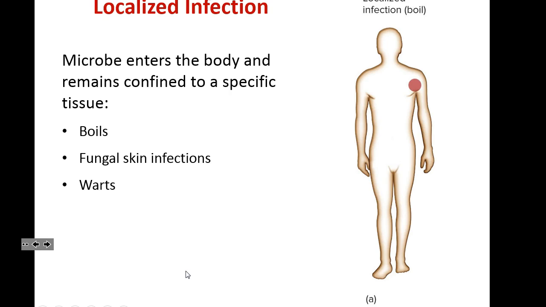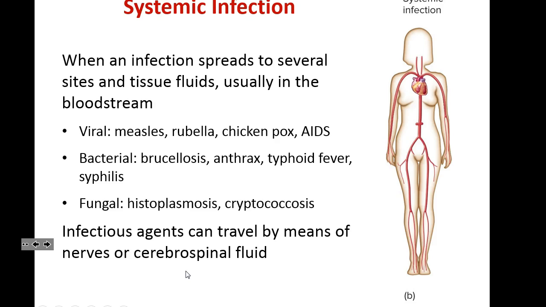A localized infection is one that enters the body and remains confined to a specific tissue. Has anyone ever had a boil before under your arm? It hurts. Boils, fungal skin infections, and warts are examples of localized infections.